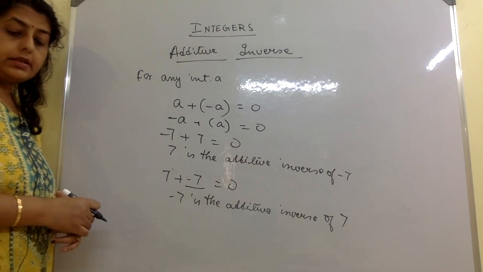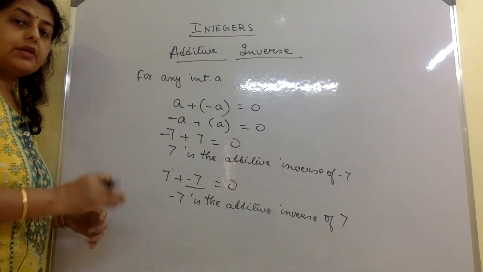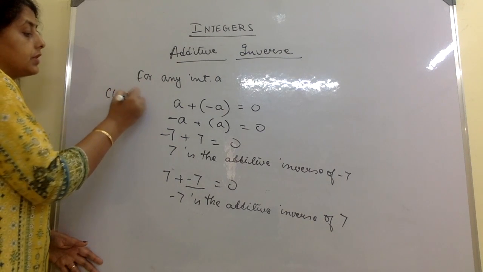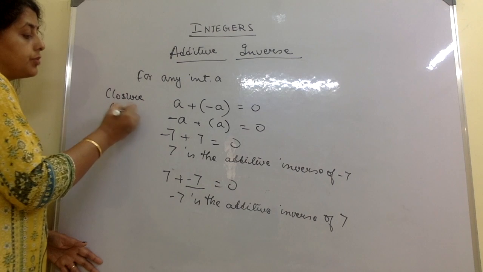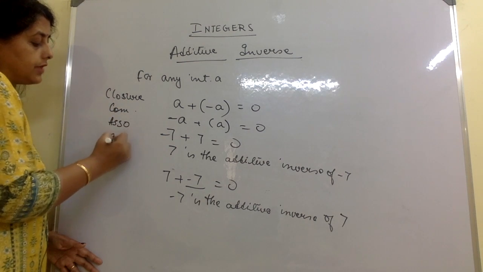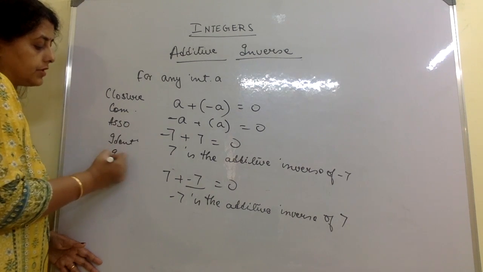Okay, then so we have done 5 things. Firstly, we did closure, then we did commutative property, then we did associative property, then we did additive identity, and then we did inverse.